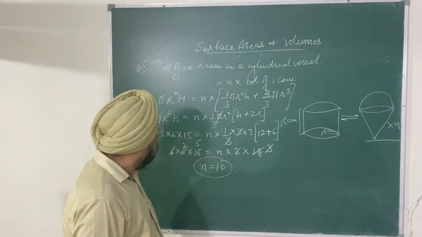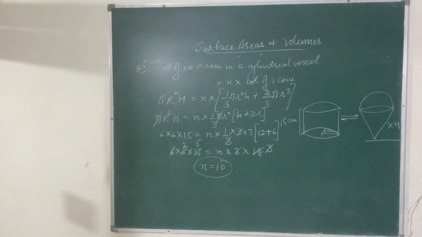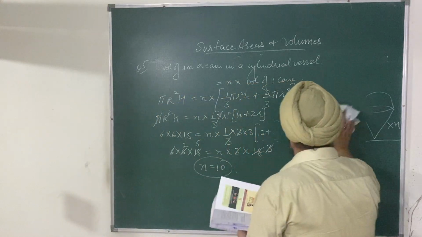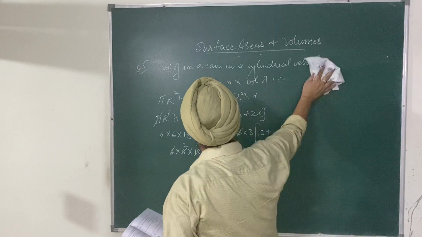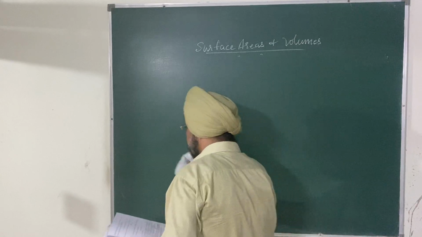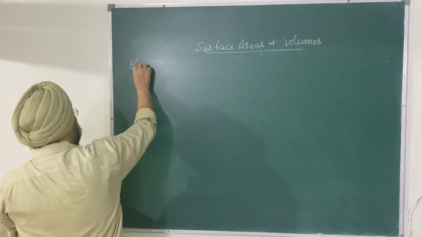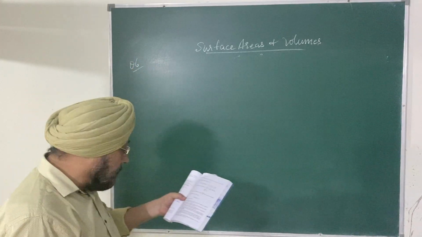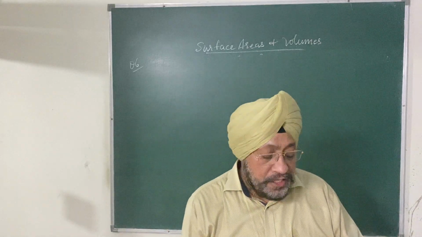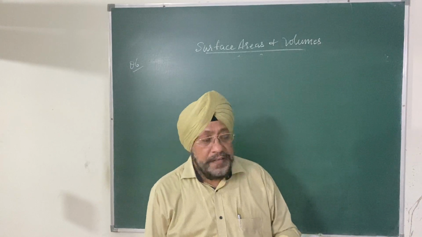So that's question number 5. So let's come to question number 6. Question 6 says: how many silver coins, 1.75 centimeter in diameter and thickness 2 millimeter, must be melted to form a cuboid of dimensions 5.5 by 10 by 3.5 centimeter?